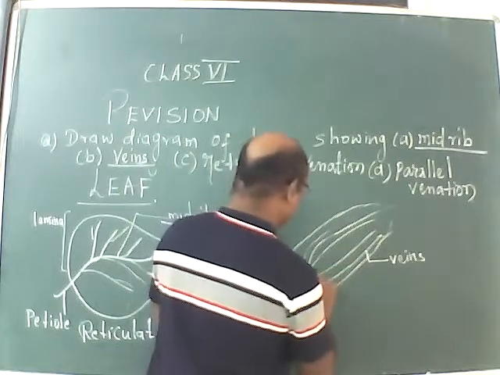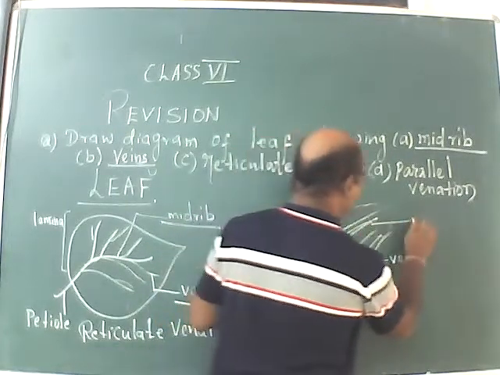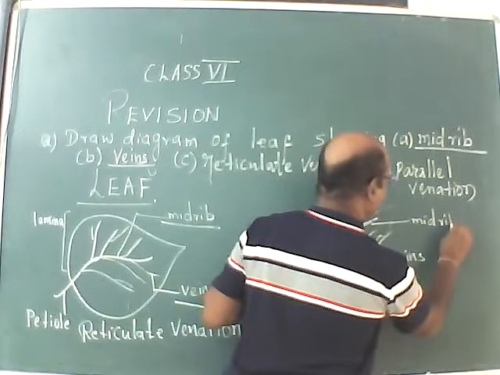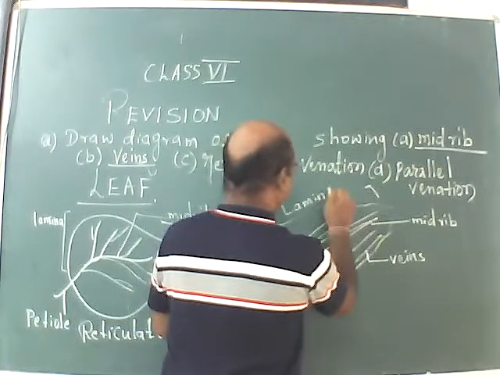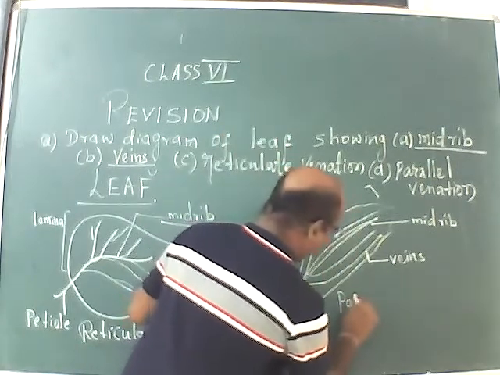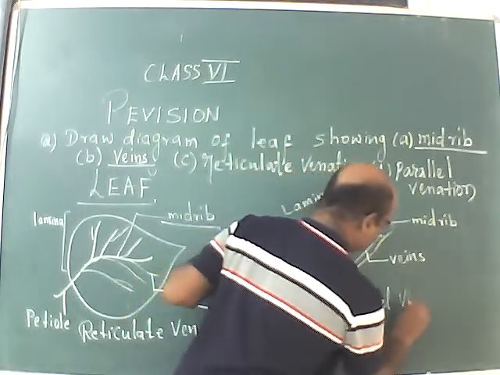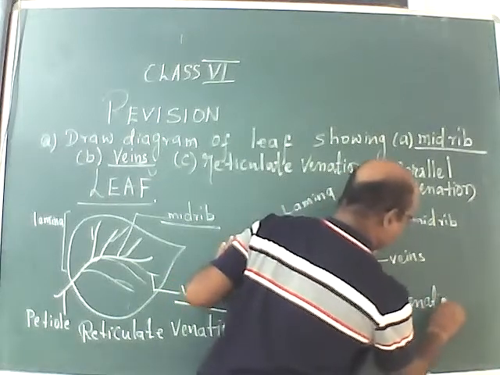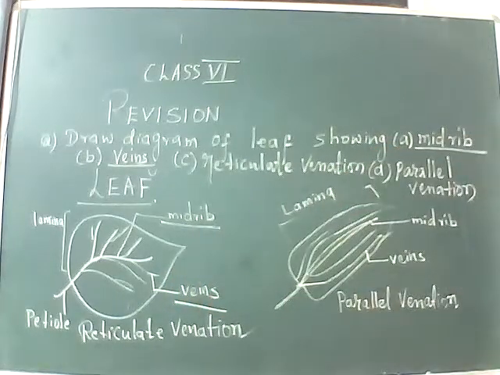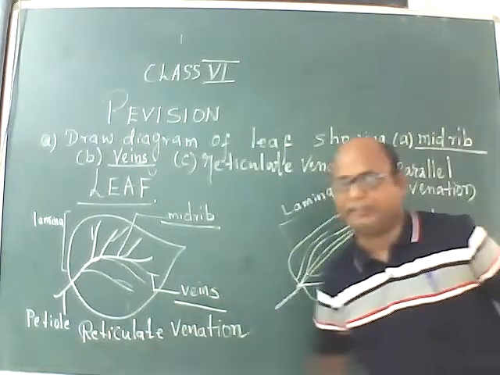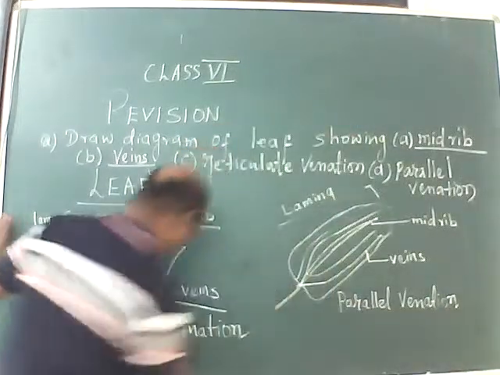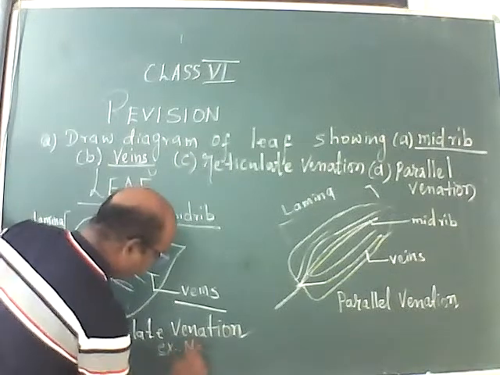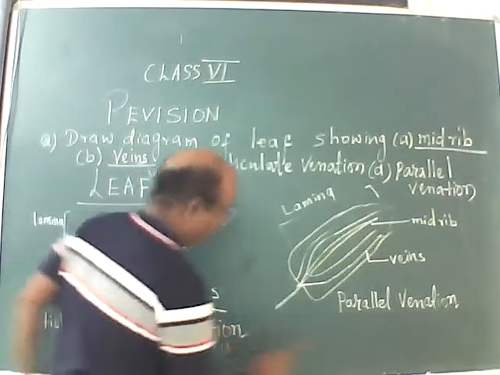The entire green portion is called lamina, and here it is parallel venation. So both these diagrams you have to draw, showing parallel venation and reticulate venation. For example, of reticulate venation we can give mango. Here, an example we can give is maize.